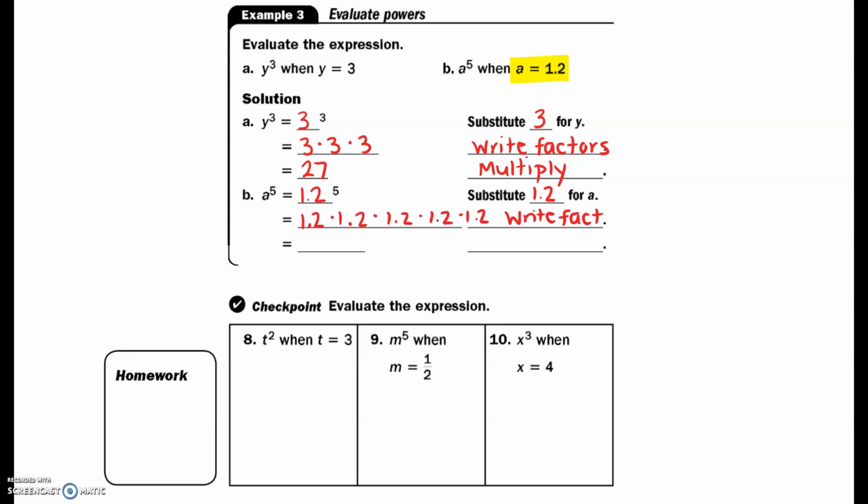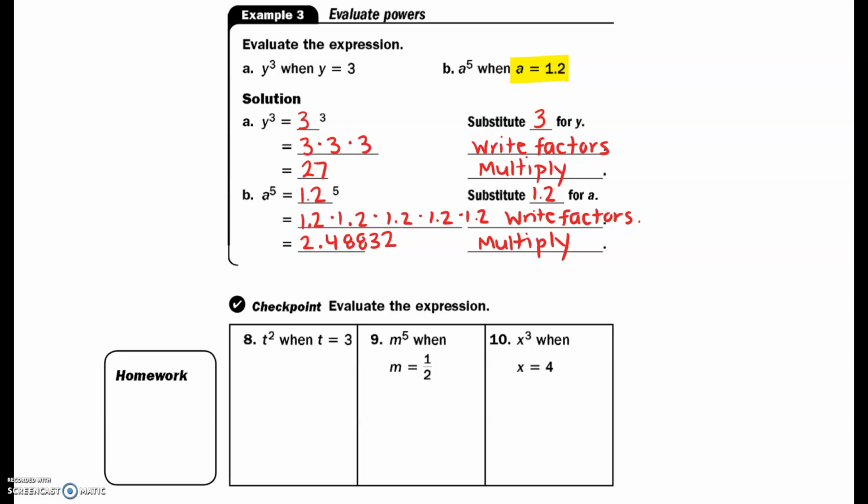So if you type in 1.2 times 1.2 5 times, you will get a decimal answer of 2.48832. Our calculator is able to perform this operation. We have a caret button on the calculator that can help you with this. So I will show you that trick when we get back into the classroom next week.